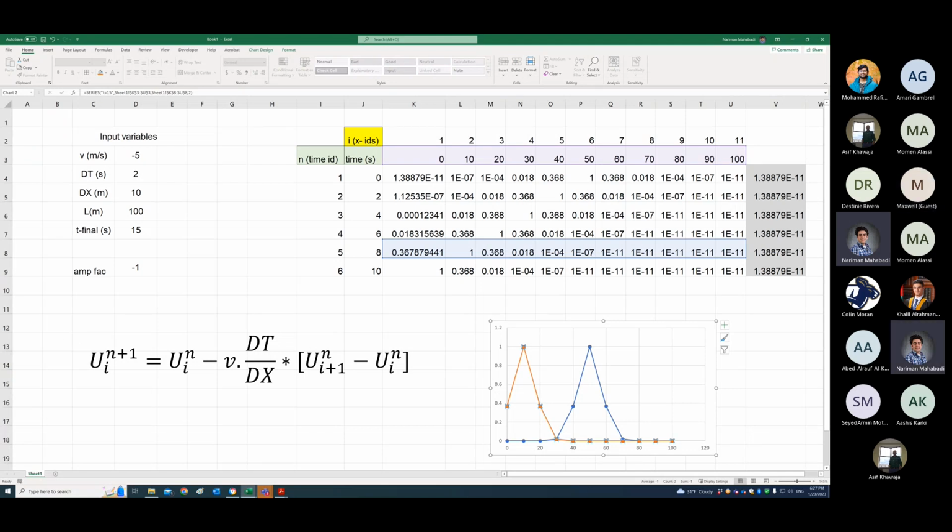Pretty nice. Then for the next lecture on Wednesday, let's decrease the delta x to be 1, generate another Excel file, and share your Excel file with me. Before the class, just send me your Excel files by email. I just want to take a look into your Excel file.